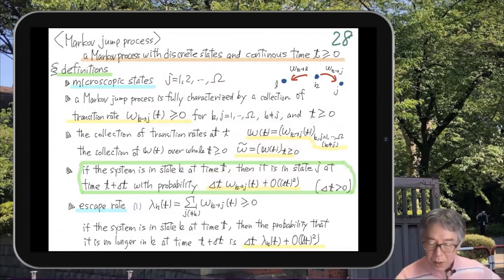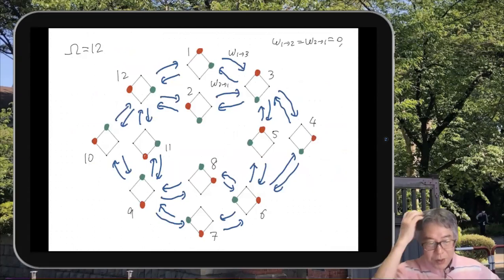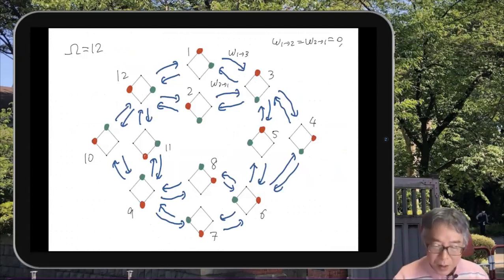And probably I should show this picture here. This is a very simple example of a physical system. I consider a lattice with 4 sites, and there are 2 particles, green and red. Two particles cannot live on the same site.